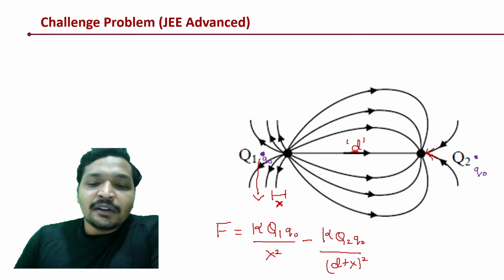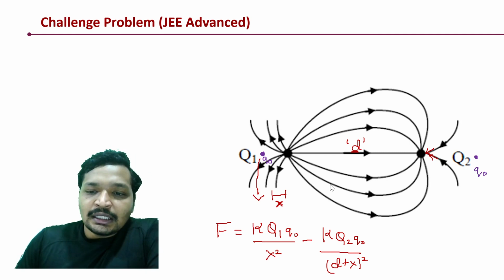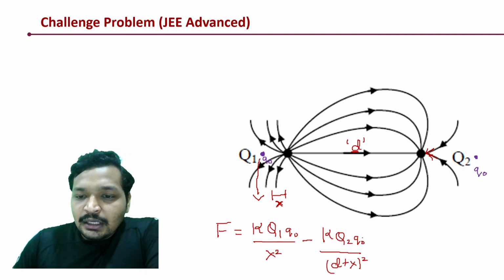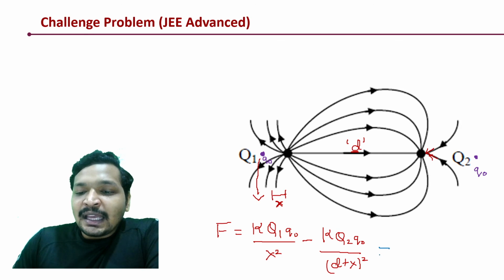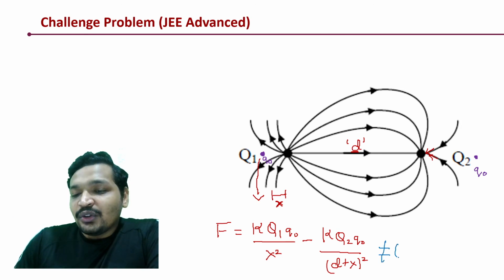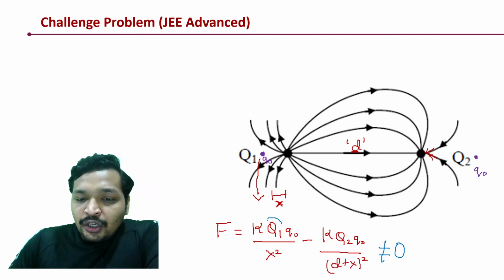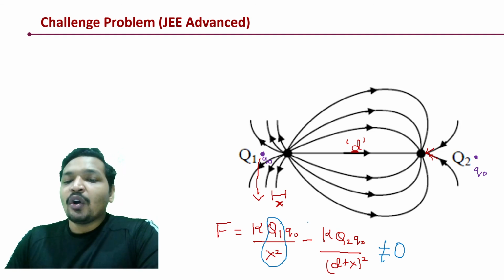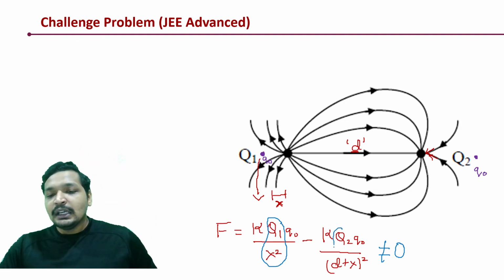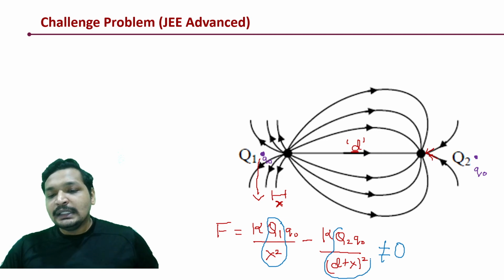So do observe a thing here. What is the thing that we need to observe very carefully? That this term can never become 0. Why? Because whatever you are subtracting from q1 by x square is always going to be less than q1 by x square, that is, q2 by d plus x whole square is smaller.